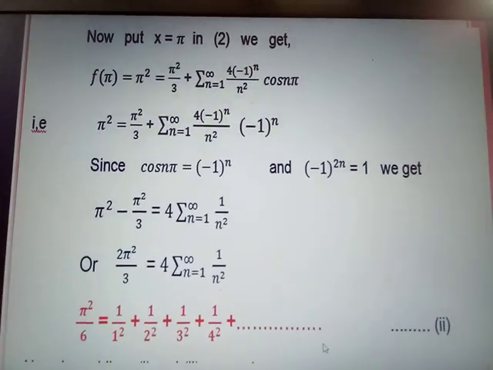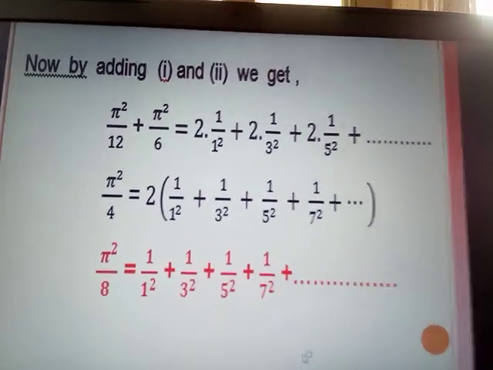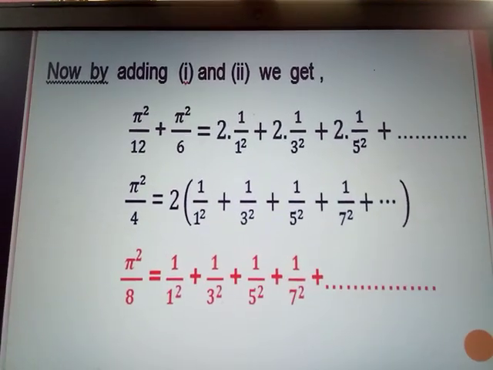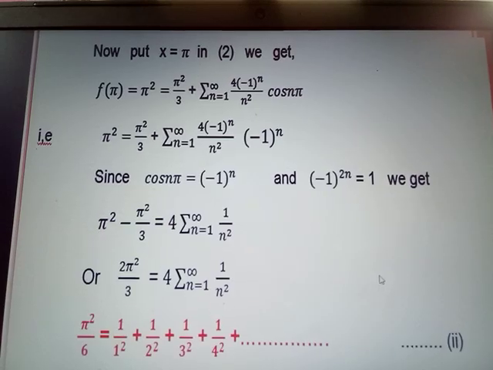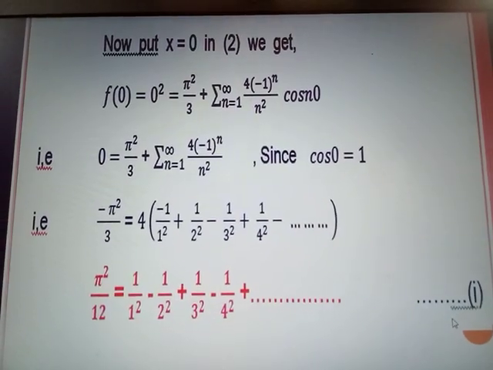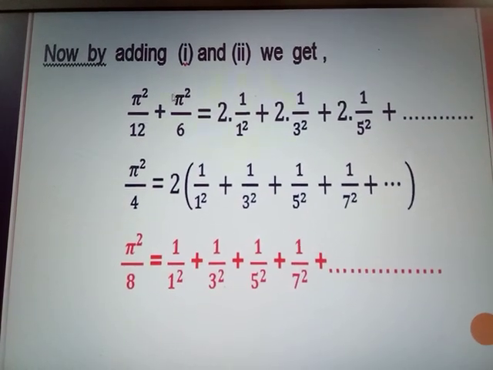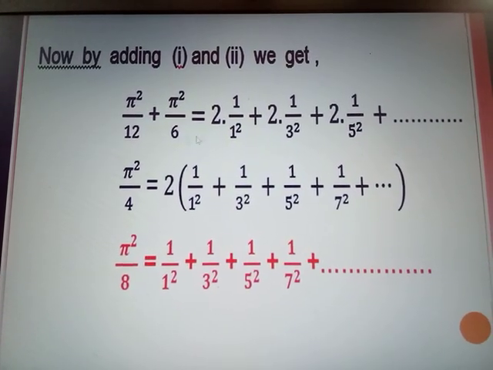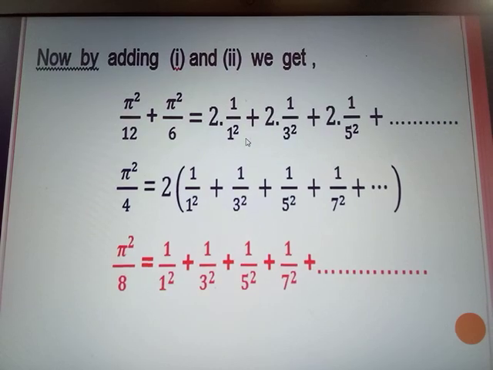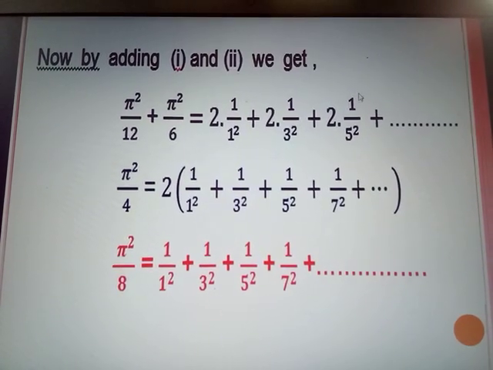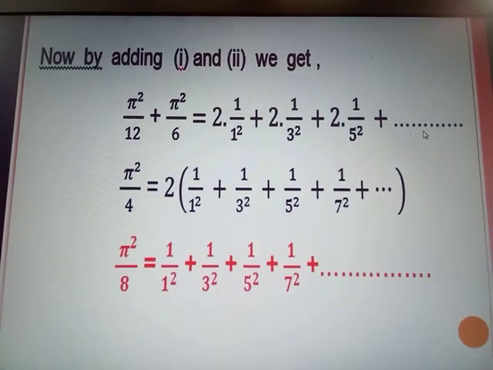Next one is, now to find the last result, we have to add this first equation and this second one. We get pi square by 12 plus pi square by 6 is equal to 2 into 1 by 1 square plus 2 into 1 by 3 square plus 2 into 1 by 5 square plus and so on.